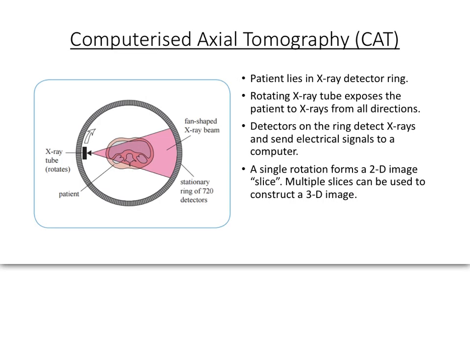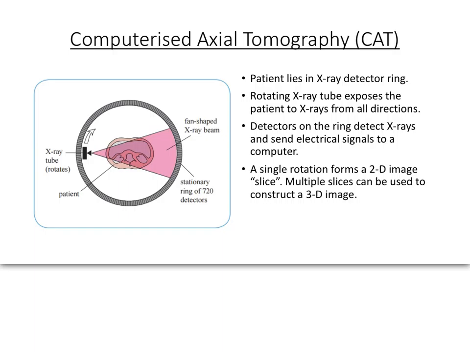Another application of X-rays is computerized axial tomography, or CAT scans. As you can see, the patient is placed in an X-ray detecting ring. Around this ring we have a rotating X-ray tube. These guys really love their spinning stuff.